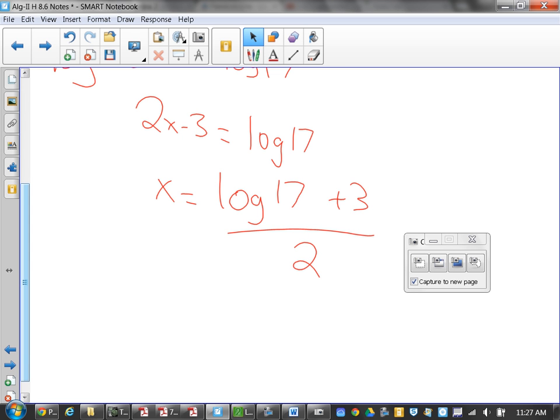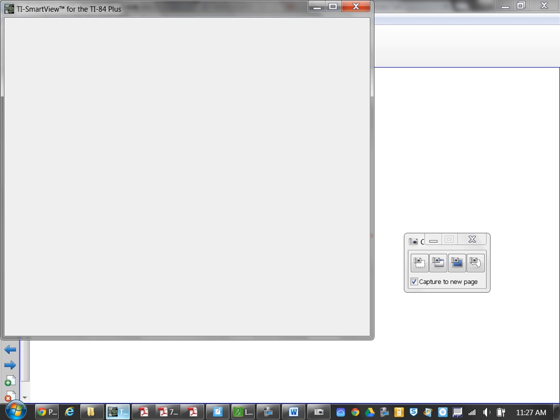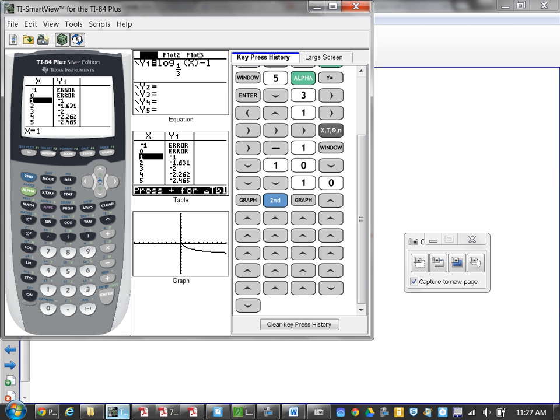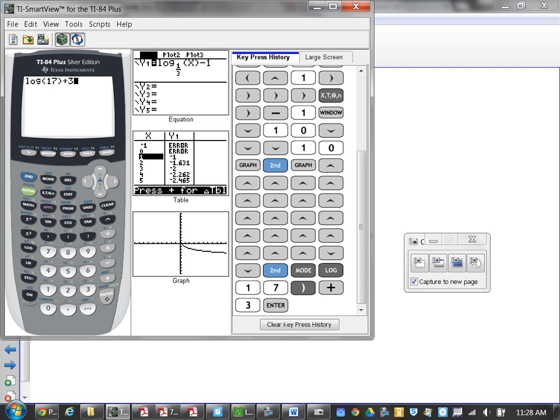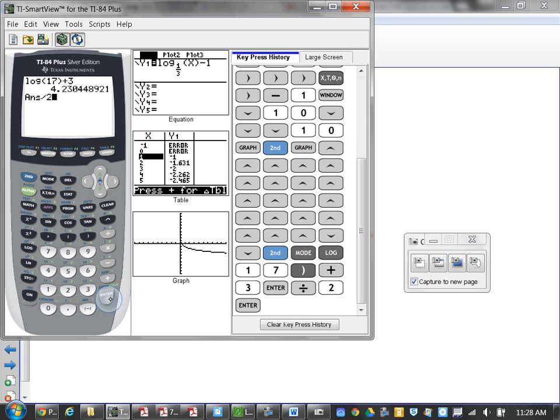Once you press the log button, what opens up right away? Parentheses. What do you have to close after you type in 17? So it's log 17, close the parenthesis, plus 3, enter. Divided by 2, enter.